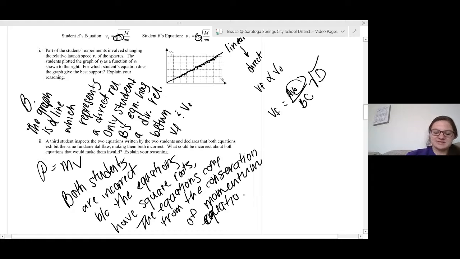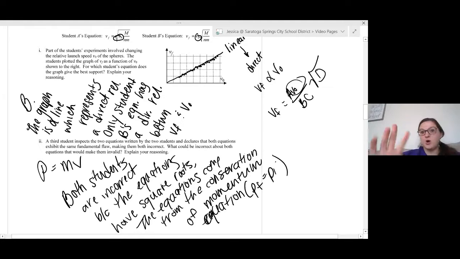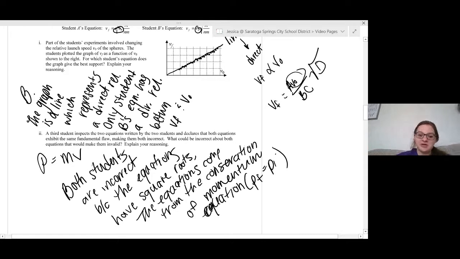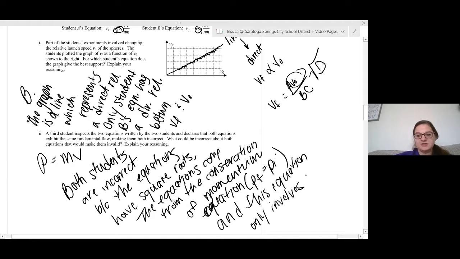Okay, and we could say something like P final is P initial or whatever, but you can just say the conservation of momentum equation and people will know what you're saying. And this equation only involves inverse and direct relationships.